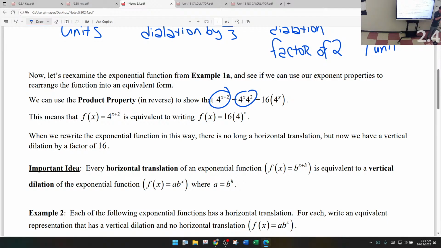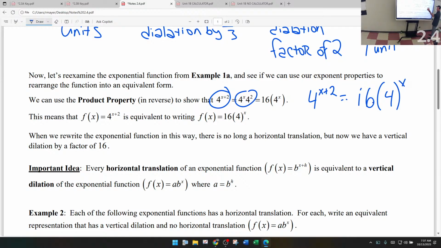So now you need to also see this. If you see 4 to the x plus 2, you need to know that's the exact same thing as 16 times 4 to the x. Those are the same thing, guys.